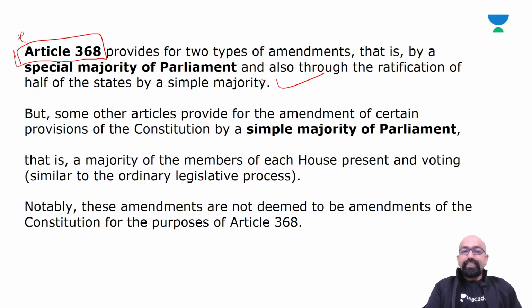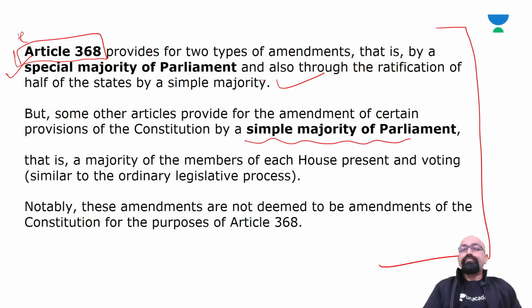One is special majority of Parliament and another one is a simple majority of Parliament, which means some other articles provide for the amendment of certain provisions of the Constitution by simple majority of Parliament. So there are different provisions that can be amended under the special majority of Parliament, and few provisions can be amended through a simple majority of Parliament.